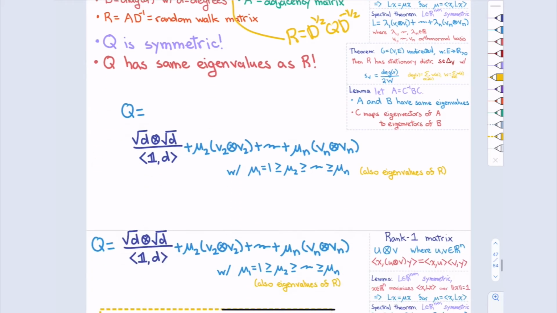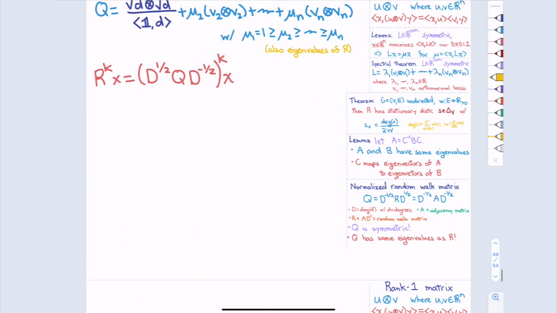We're going to use that to analyze what happens when I apply R k times to a vector x. So this simplifies to, and I'll let you explain to me why, D to the 1/2 Q to the k, D to the minus 1/2 x. So the k has gone inside and only gone around the Q. What happened to all those other D to the 1/2's?